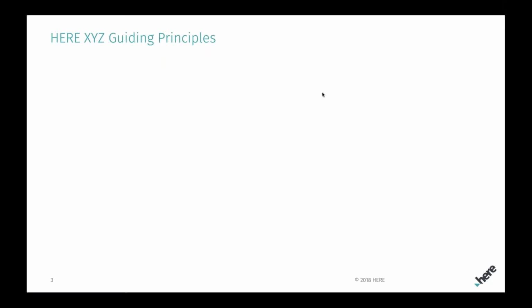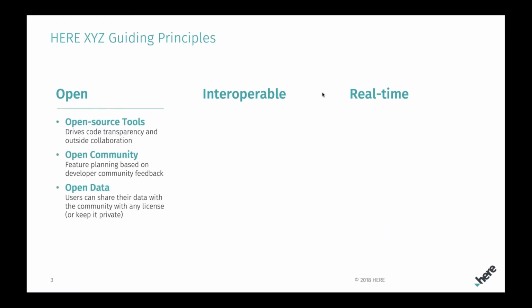And to that point, where did Here XYZ come from, or what were some of the guiding principles behind it? Three of the most important points is that the project aims to be open, interoperable, and real time. So by open, we really mean a couple of different things. Open source tools, meaning that that drives code transparency and outside collaboration.